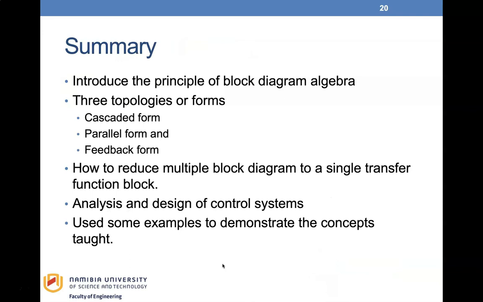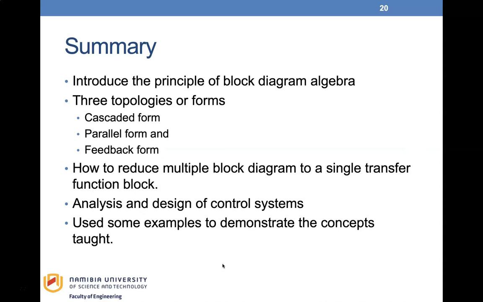In summary, we have introduced the block diagram algebra method. Three topologies or forms of block diagram arrangement were introduced. These are the cascaded, parallel, and feedback arrangements. We further showed how to simplify complex block diagrams to a single transfer function form.